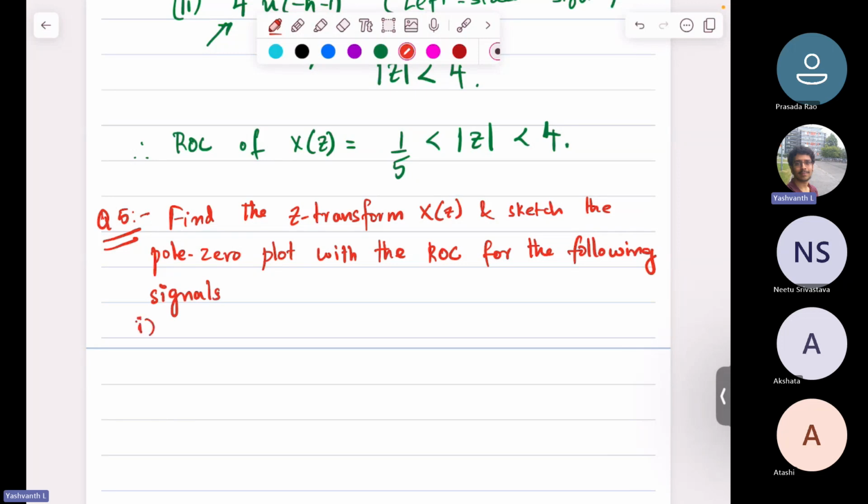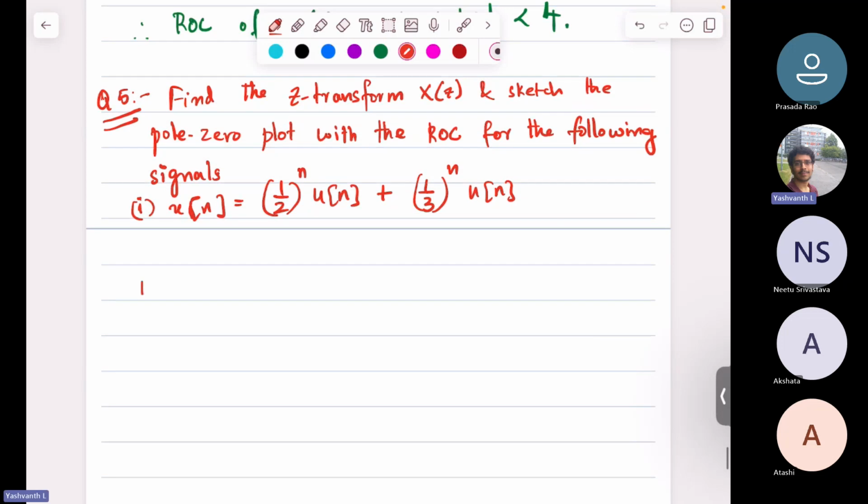Number 1, x of n equal to half power n into u of n plus 1 by 3 power n into u of n. Number 2, x of n equal to 1 by 3 power n into u of n, but now 1 by 2 power n into u of minus n minus 1.